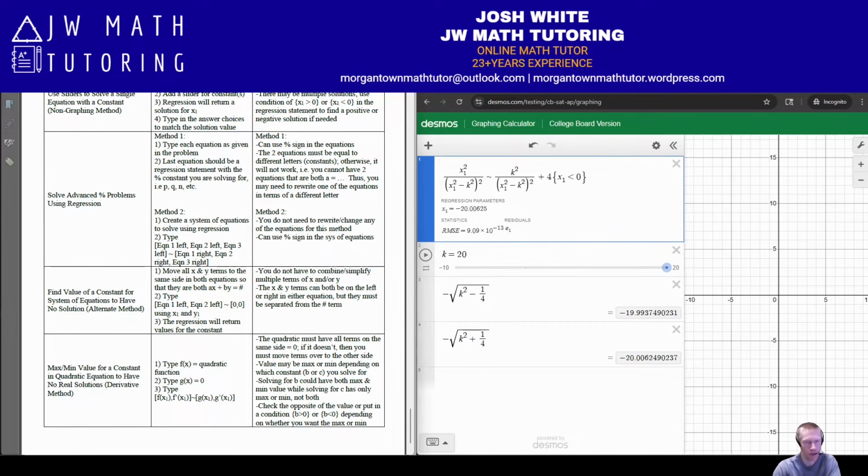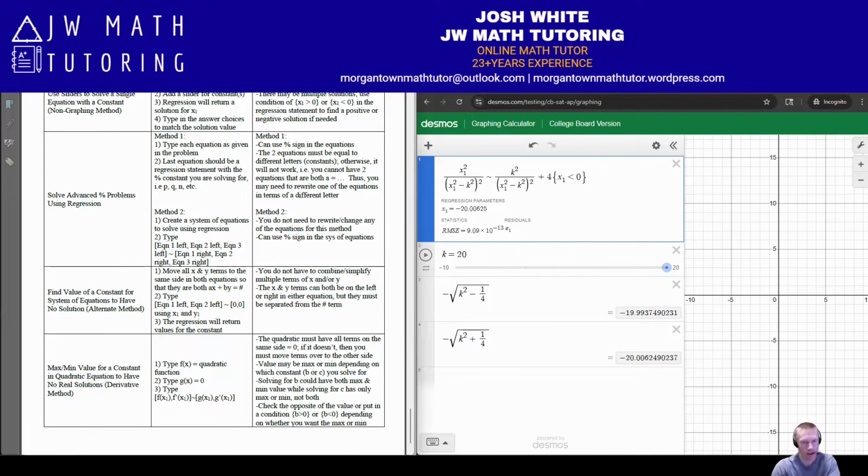So if you use this method, you can use the percentage sign in all your equations, whatever, p percent of, whatever, 222% of. The problem is, though, and we'll look at this as an example, if you have two equations and they both start with the same letter, like A equals blah, blah, blah, and then A equals blah, blah, blah, it's not going to work.